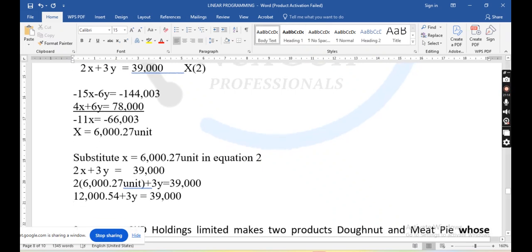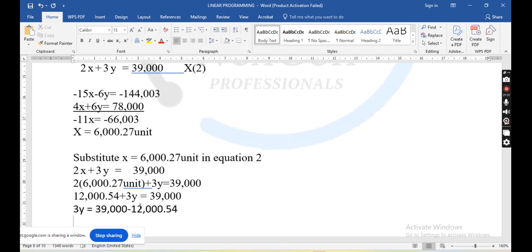Therefore, 3y equals 39,000 minus 12,000.54. So 3y equals, when you subtract, what do you have?